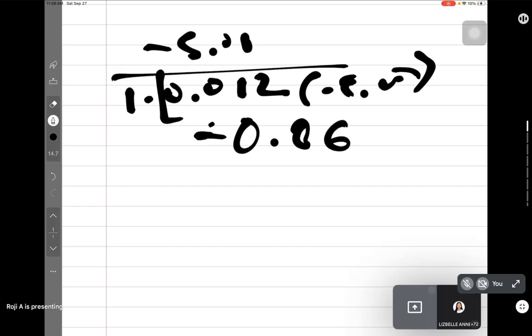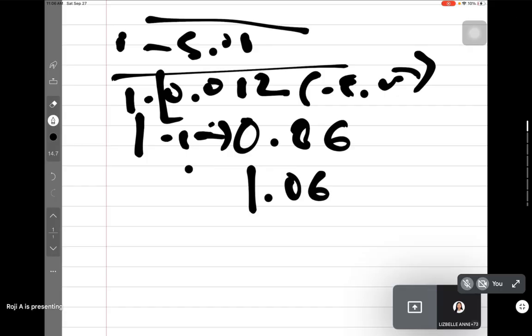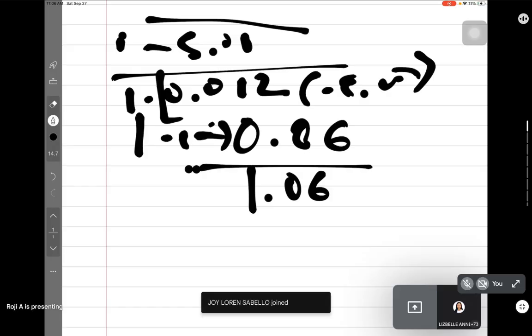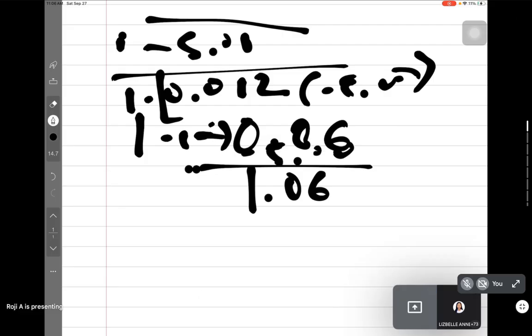And then bring down the 1. 1 minus minus 0.06 should be 1.06. Very good. Now you do minus 5 divided by 1.06. Minus 5 divided by 1.06 is minus what? Minus 4.72 po. Minus 4.72.